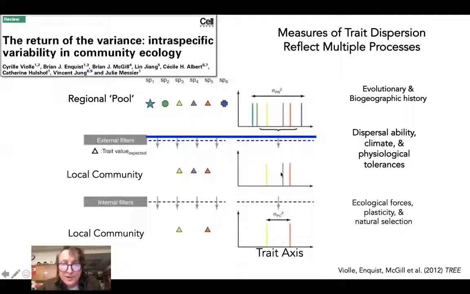So we go from a clustering pattern, and then once we get this clustering of traits, we could then see an over dispersion, but of that limited, clustered set of traits, okay? So we can talk about clustering and over dispersion at several different ecological and evolutionary scales, ranging from the regional pool down to the local community.